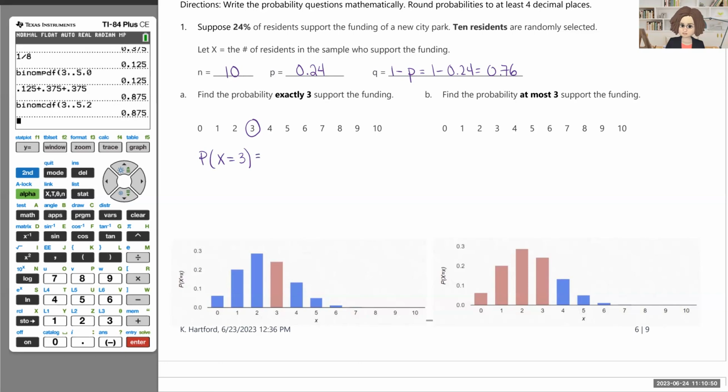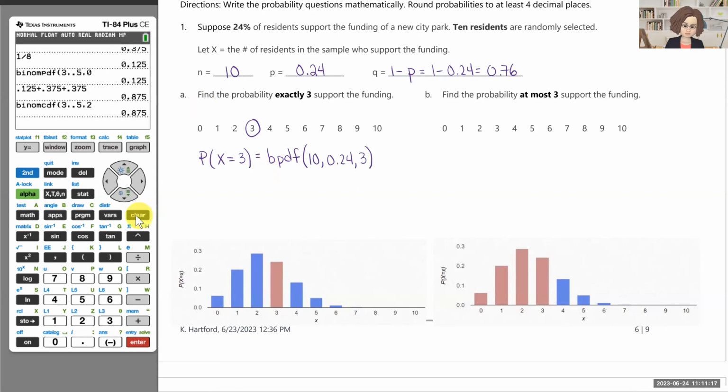All right, so if it's an exactly-a-value case, then this is when we do binompdf, back to the original probability distribution function. So we need n, 10, p, 0.24, and then that value of k.